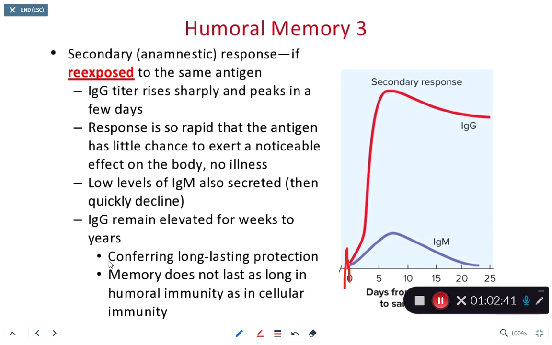Now, it's worth emphasizing that these memory cells last a while, but they don't last forever. Some pathogens are easier to recognize than other pathogens. A notoriously difficult pathogen to recognize is the tuberculosis pathogen.